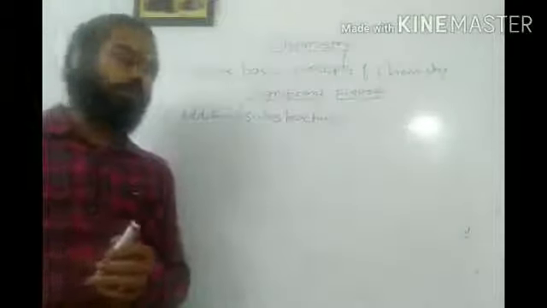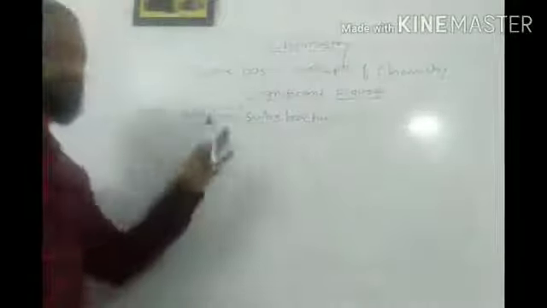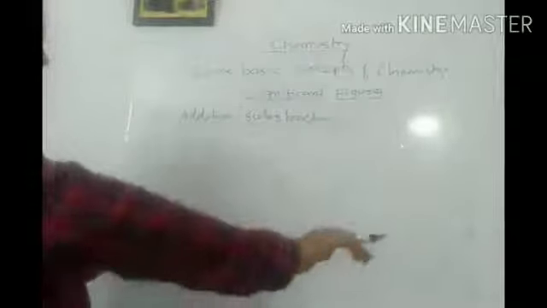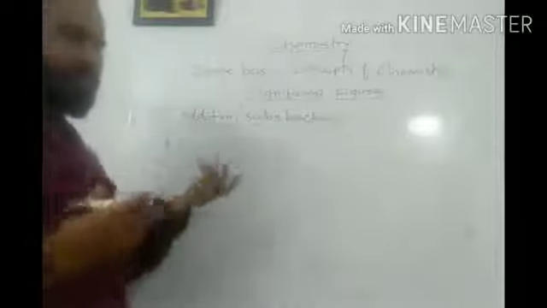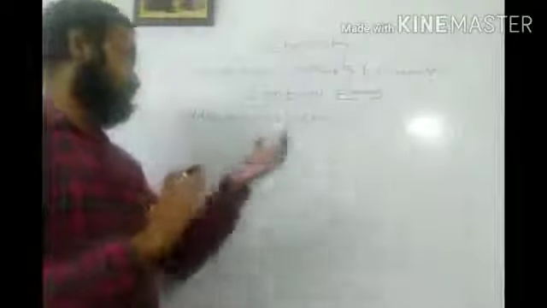Now that we have seen how to write significant figures, we are going to see how to calculate when we do addition or subtraction with significant figures. I will give you some examples through which I can explain this in an easy way.